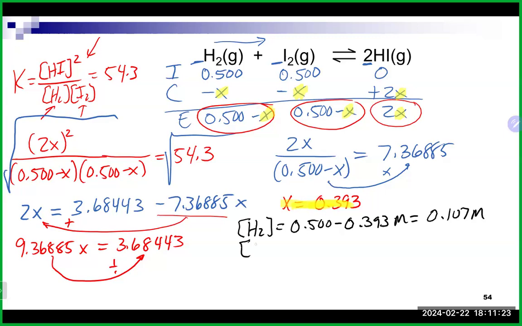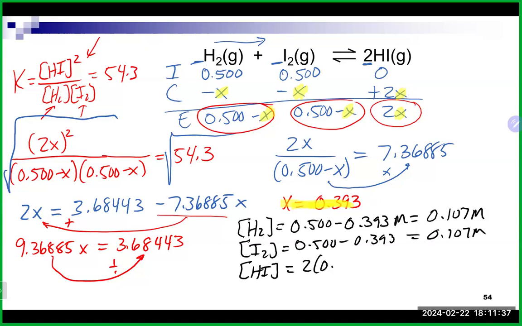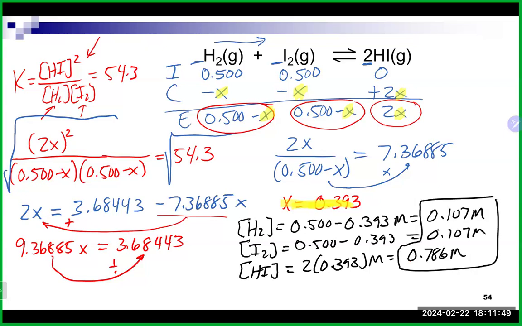In this case, our I2 will be the same, 0.5 minus x. And lastly here, our HI will equal 2 times x, 0.393, and that's going to give us 0.786 molar. And those would be our equilibrium concentrations of these guys.